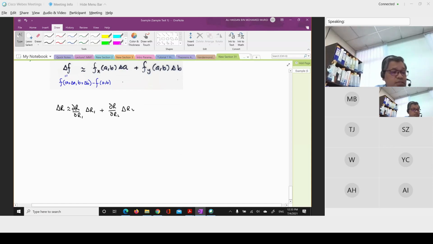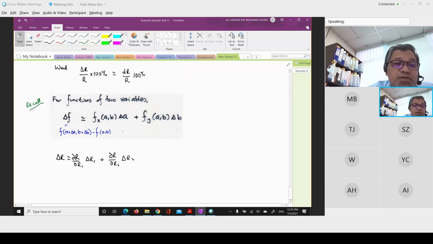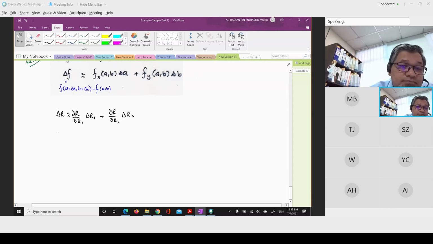Then we want to divide this by R, because you want to find the percentage error.